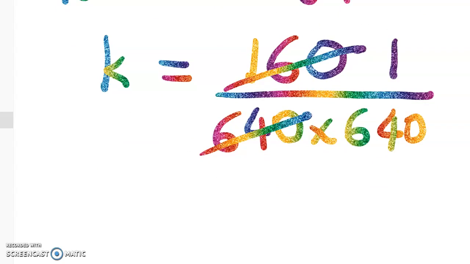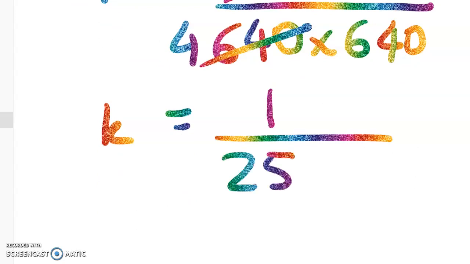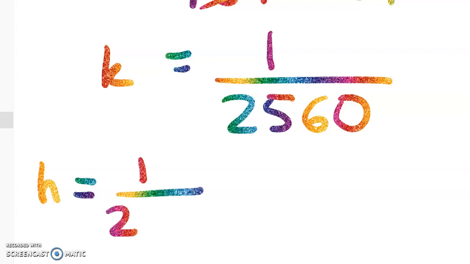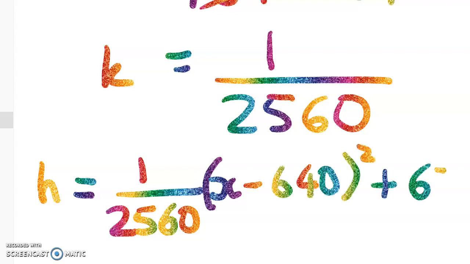This divided by this is 1/4. So k is equal to 1 over 2560. I left my whole equation like that. I didn't turn that into a decimal. You can if you want, but remember you'll lose a tiny bit of accuracy. So now we've got our equation. H is equal to 1 over 2560 times (x minus 640) squared plus 67.